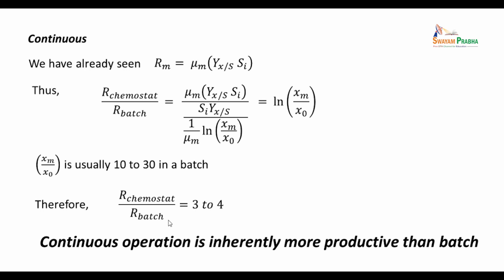So an industry can expect to be 3 to 4 times more productive by switching to a continuous operation, but operating in a continuous mode requires a lot more effort than operating in a batch mode. That's the reason why industries prefer batch, except if it is completely automated and so on. Then some industries have switched to continuous. You might want to internalize this by going through this again. We have shown that a continuous bioreactor is inherently 3 to 4 times more productive than a batch bioreactor.